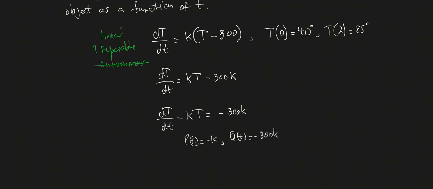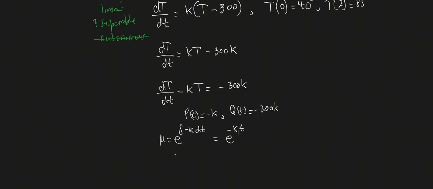Once I've identified p, I can find my integrating factor. That's e to the integral of negative k with respect to t. Since k is a constant, we will end up having e to the negative kt. So that's our integrating factor, and then we use our procedure.